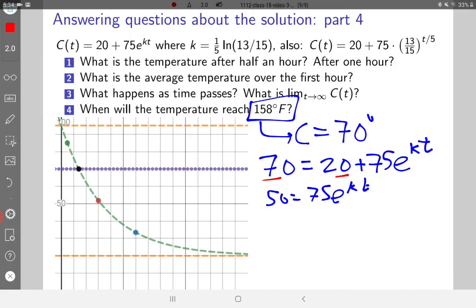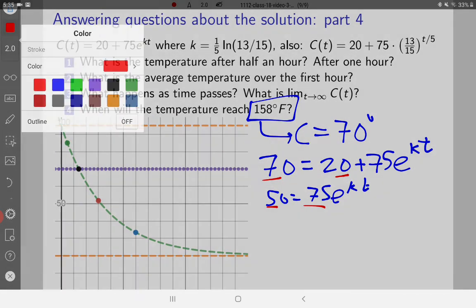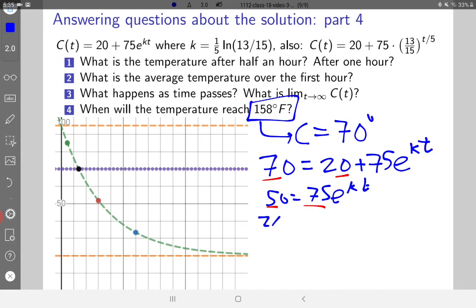I'm going to divide both sides by 75, so 50 over 75, that's 2/3, that's where that's coming from. And by the way, I'm continuing to write k, even though I know what number it is, because I don't want to have to write this 1/5 log of a fraction over and over and over. I'll plug that in at the very end when I skip over to my calculator to crunch some numbers. I'll just keep writing k, because it's a lot shorter for me.